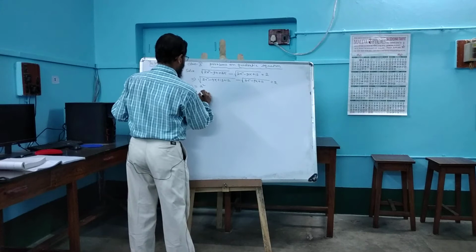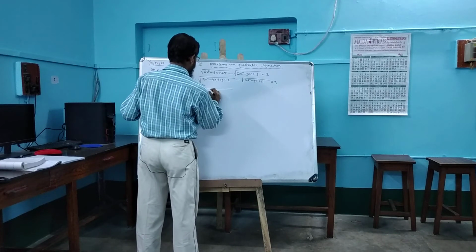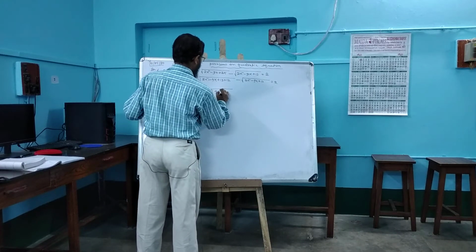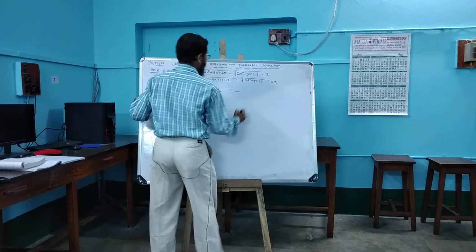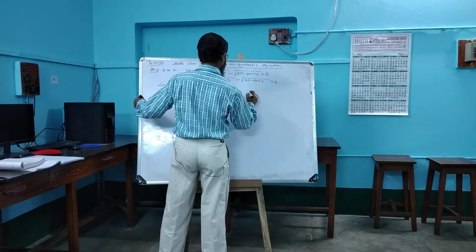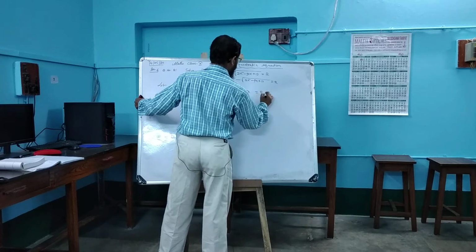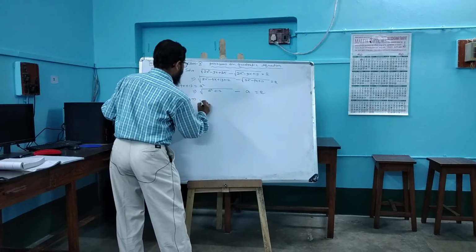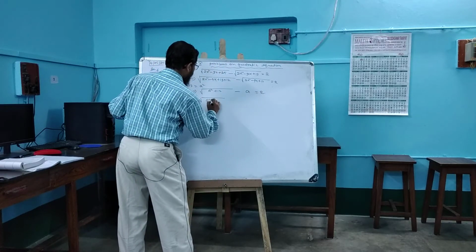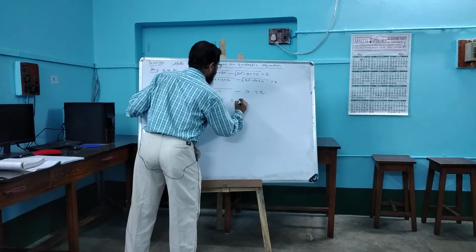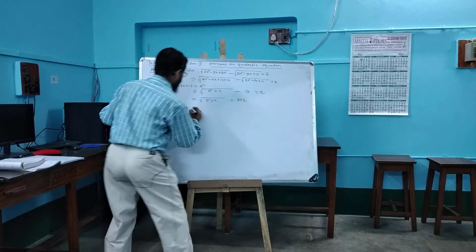This implies root over a square plus 12 minus a equal to 2, which implies root over a square plus 12 equal to a plus 2.